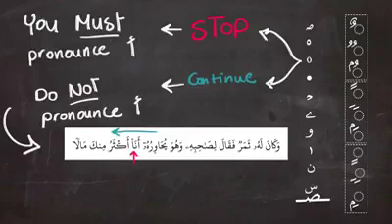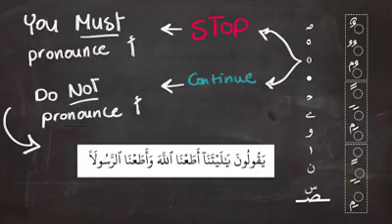So I didn't pronounce the alif when I continued reading the word. Another example which is a bit more common when it comes at the end of the ayah, like in this example. يَا لَيْتَنَا أَطَعْنَا اللَّهَ وَأَطَعْنَا الرَّسُولَ.